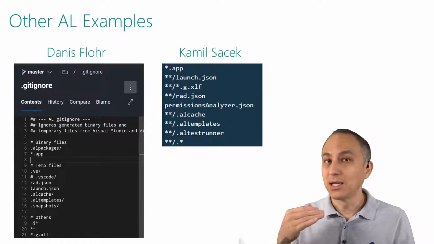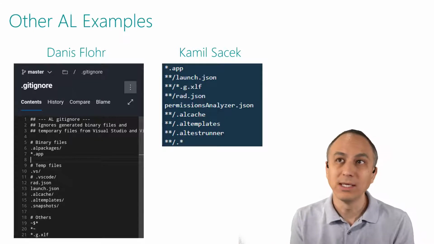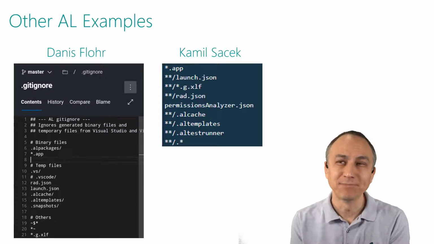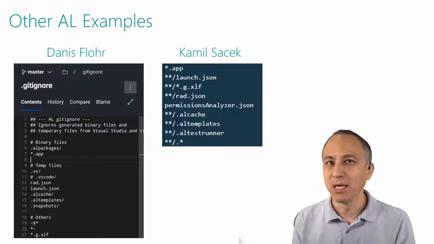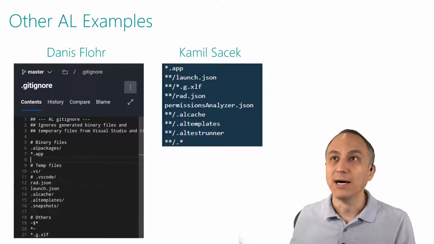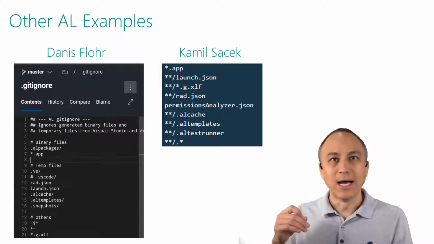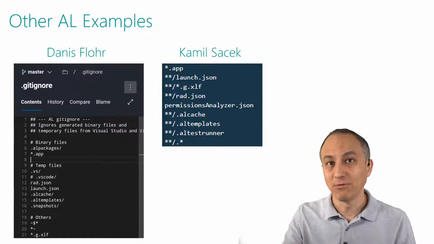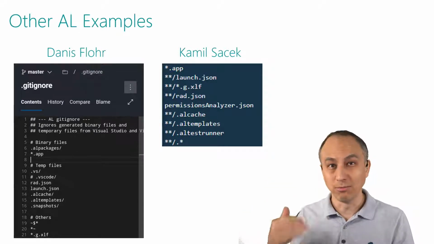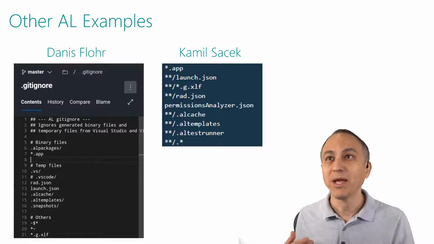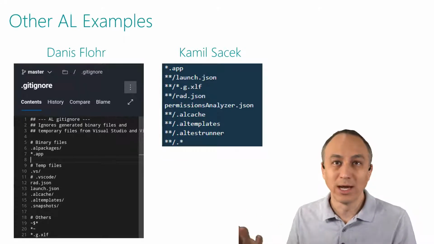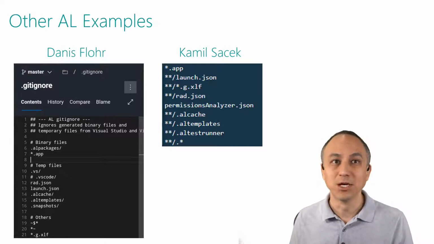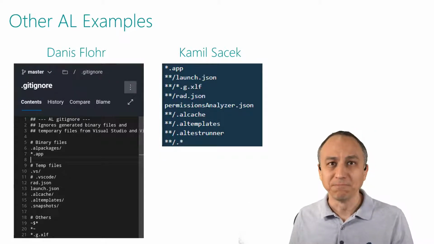So that's pretty sweeping. So he noticed that and he said, maybe I need to reconsider that. That may be a little too aggressive. So I guess the one thing worse than not excluding a file from your Git repository is excluding too many files from your Git repository, because then you'll eventually be looking for that code and you'll regret not having checked it in. So anyway, those are some examples.